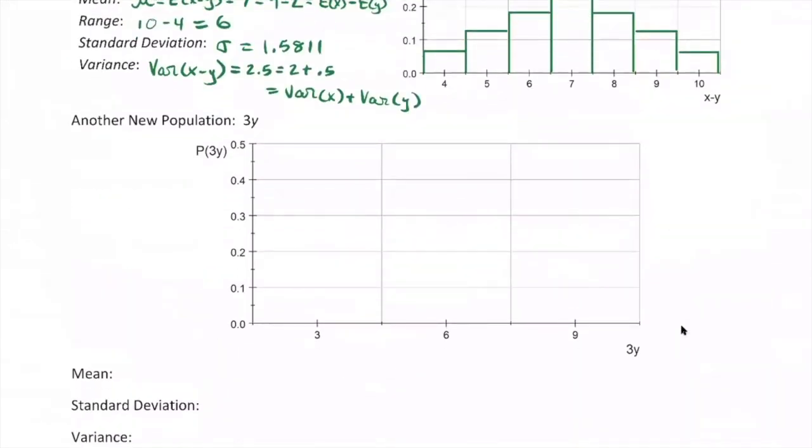Okay, so 3y is 3, 6, 6, and 9. And let's just say for a 3, that's a 25% chance. There's 2 6s, so that's a 50% chance. And 1 9 out of 4, which is a 25% chance.